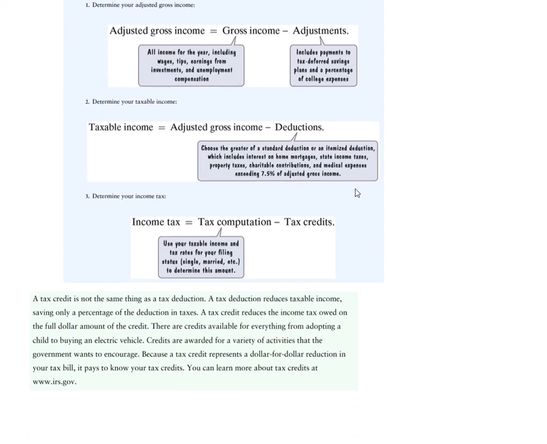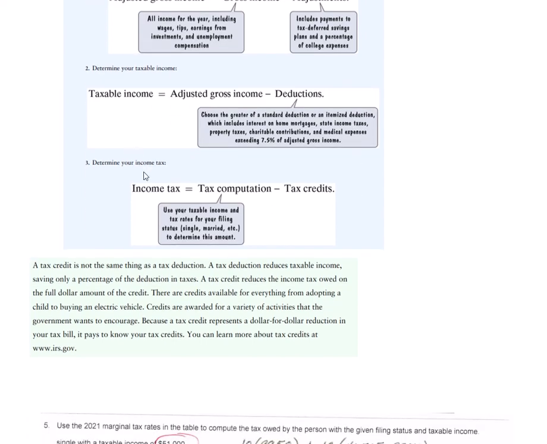That's all we've done so far. Now we're going to, in the next few questions, determine your income tax, what you would owe. The tax computation. Use the taxable income and the tax rates for your filing status to determine this amount.